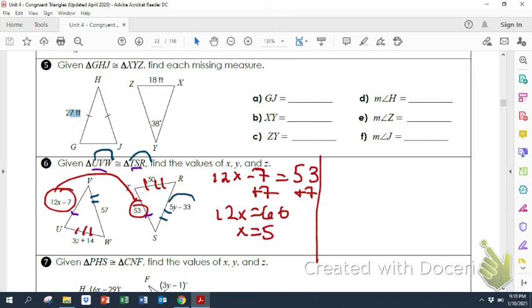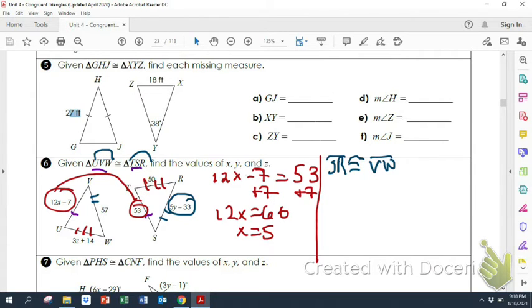So here's my y, 5y minus 33, and it is on the side RS or SR, and what corresponds to that is VW. So I know that side SR is congruent to side VW.